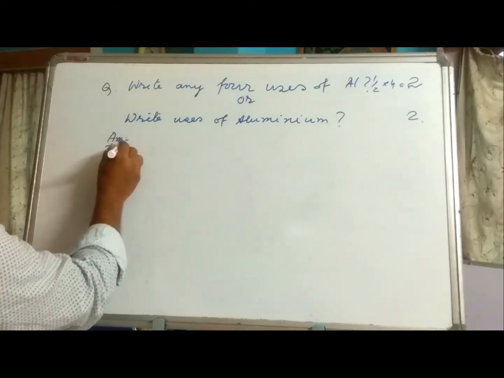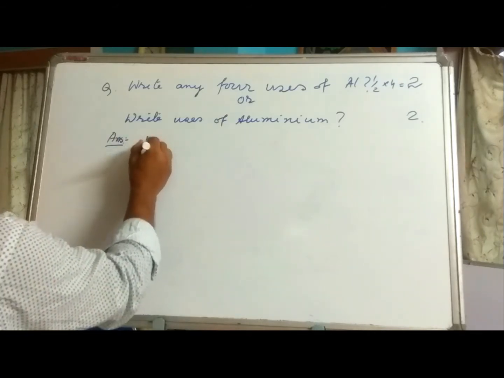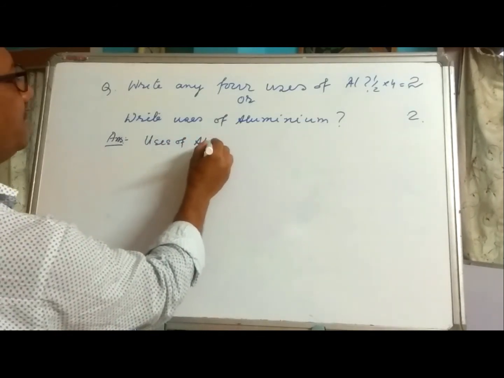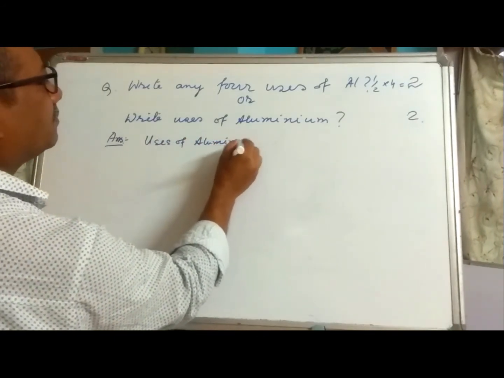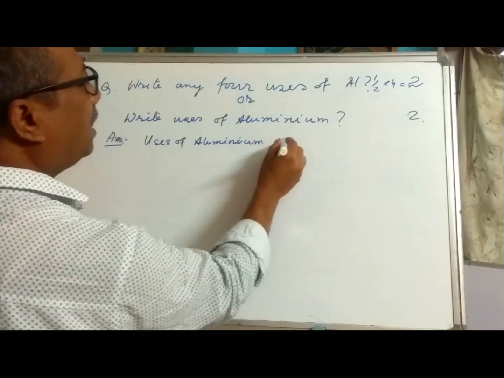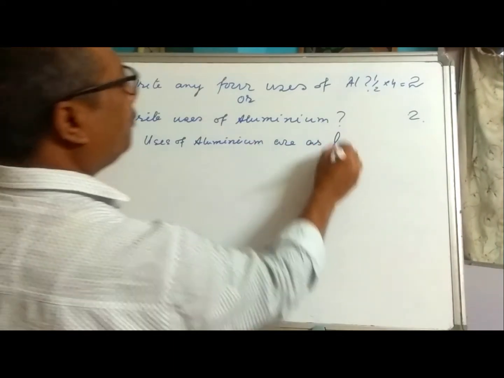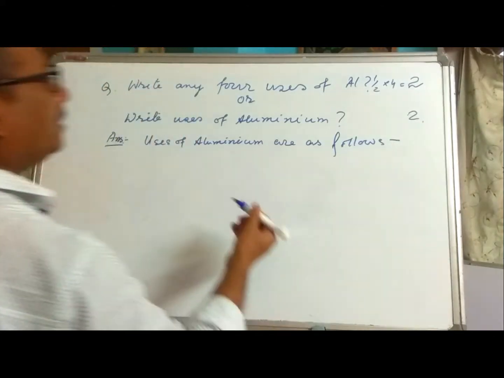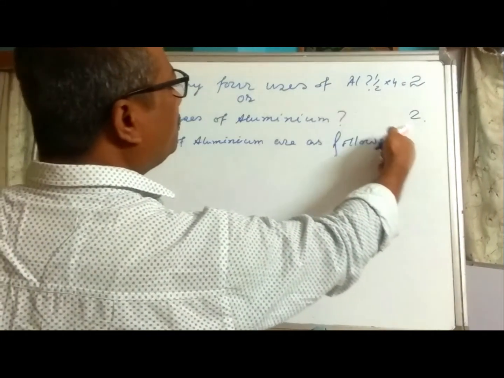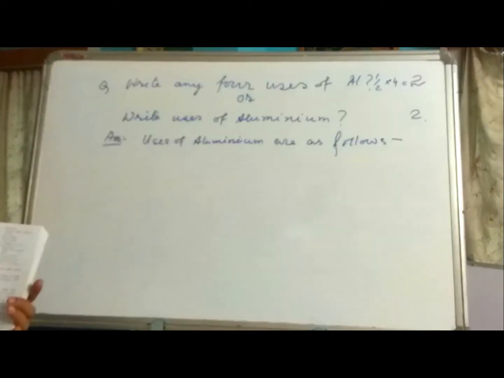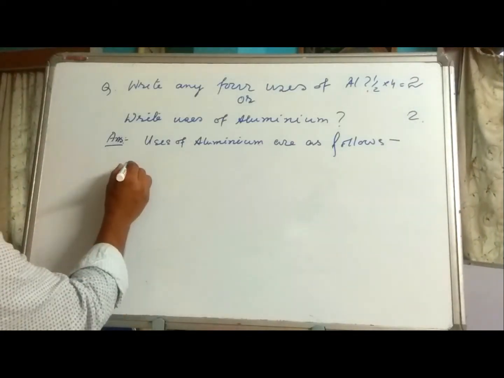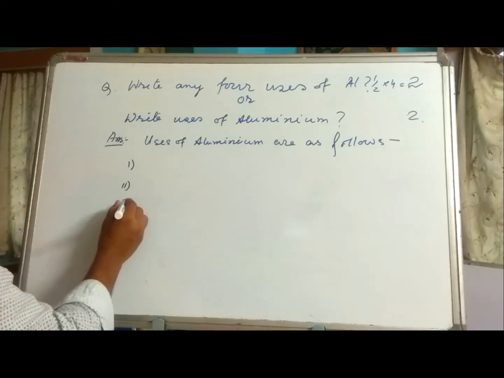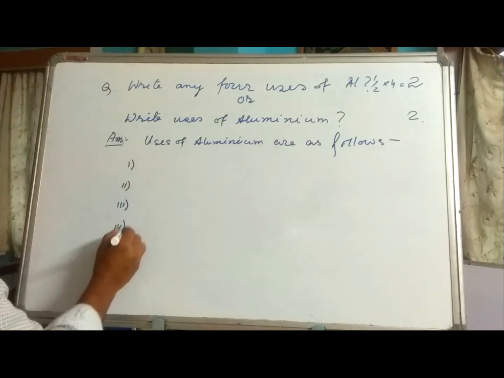Answer: Uses of aluminium are as follows. Since here also the question carries 2 marks, you write any 4 uses, then only you will get 2 marks.